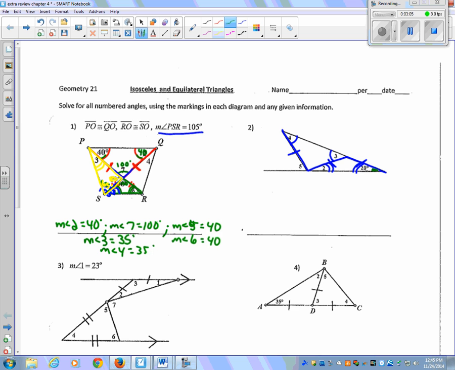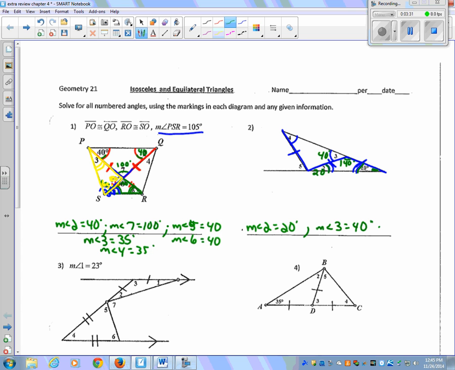Okay, so if this angle's 20 degrees, that means angle 2 is 20 degrees. And between these two 20 degrees, we have 40 degrees, so that leaves 140 left for this angle here. And that's a linear pair with angle 3, so angle 3 would be 40 degrees.